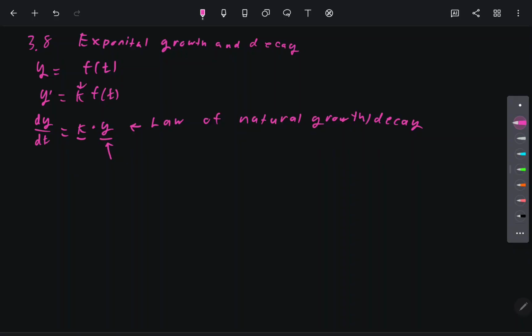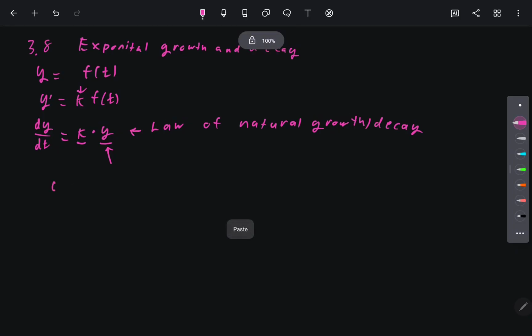So, let's say that we have a function y. Y of t is equal to c times e to the k t.